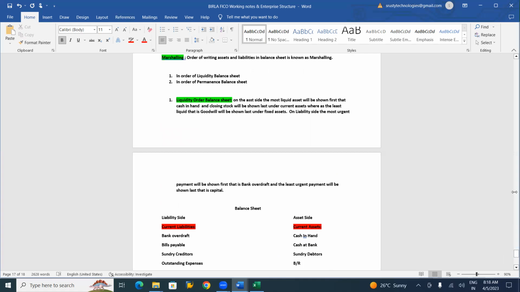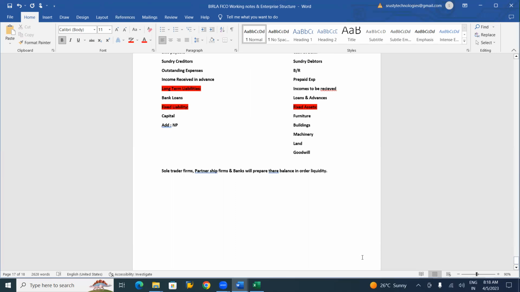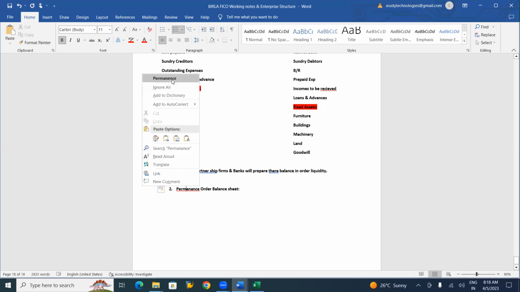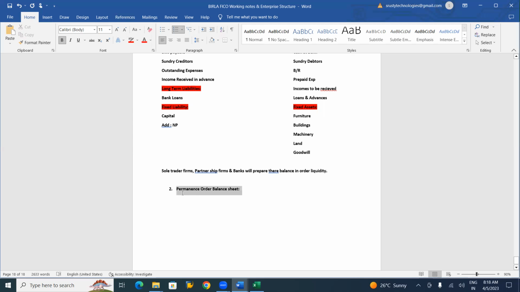Next one, permanence order balance sheet. So who will follow the permanence order balance sheet?